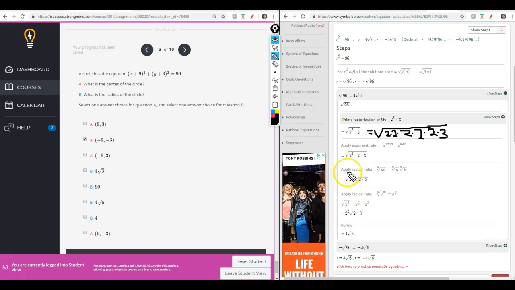The reason why they're doing that is so that you can apply the radical rule. So you could take out the 2 to the 4th and split that. So likewise, we could just write out 4 2's being multiplied together right there times the square root of 2 times 3.